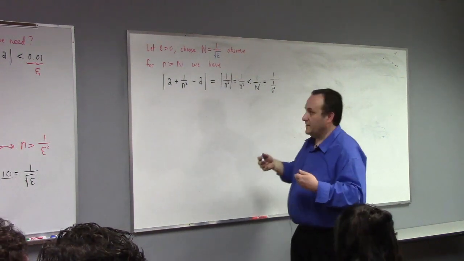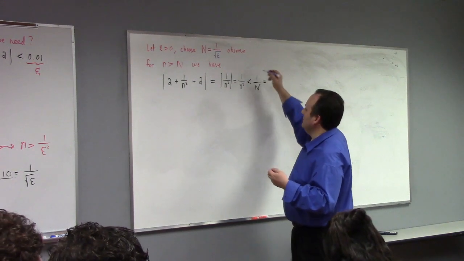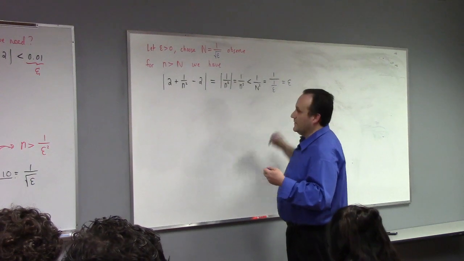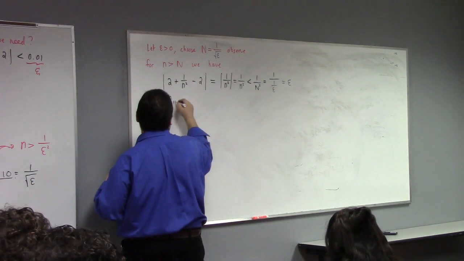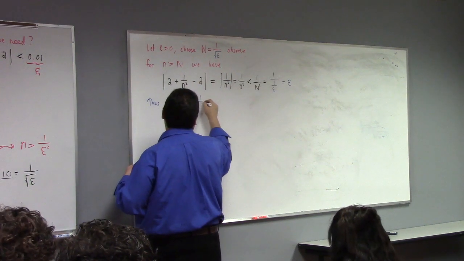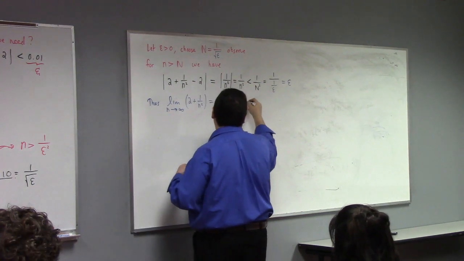That's the game we play here. And so that's actually 1 over the square root of epsilon. OK, so thus the limit as n goes to infinity of 2 plus 1 over n squared is equal to 2 by definition of the limit.